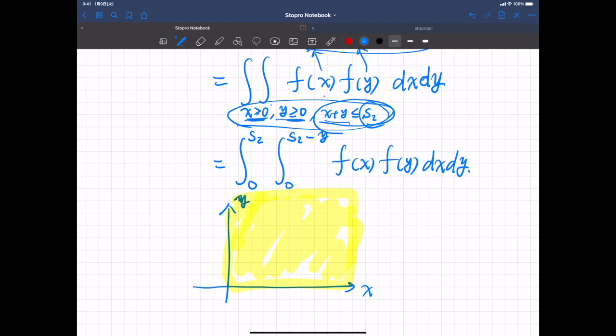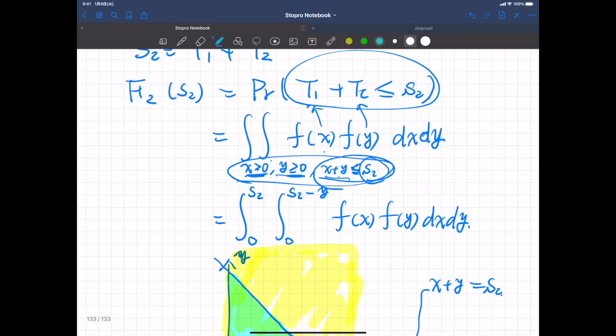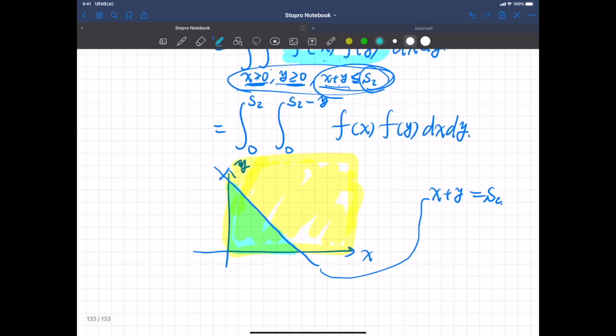So let's draw this line, x plus y equals s2. x plus y should be less than or equal to s2, which means we need to integrate over this area, under this line, above the x-axis and to the right of the y-axis. So we integrate f of x times f of y over this triangle.